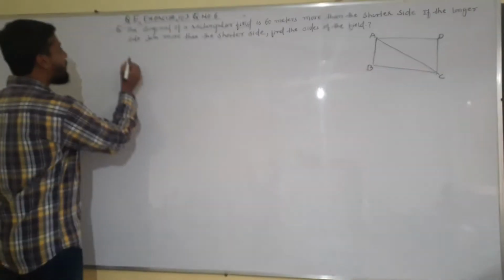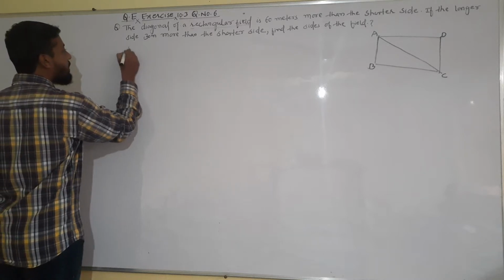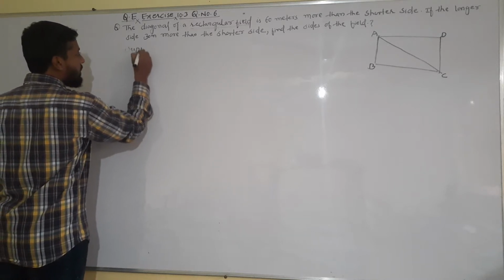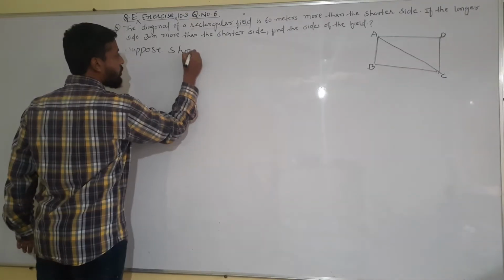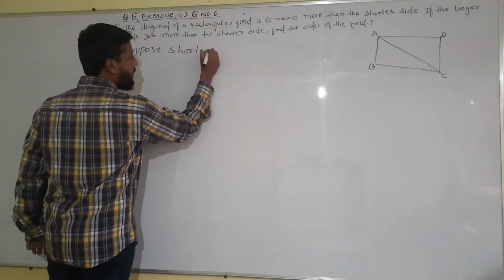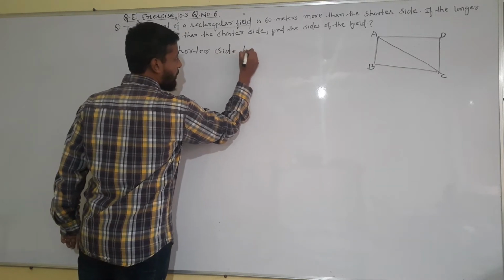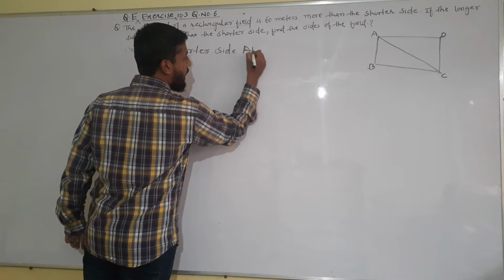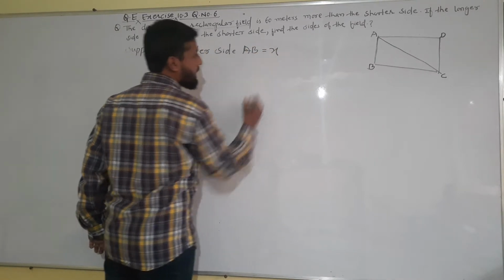So what we will do, we'll take shorter side as x. Suppose shorter side AB is equal to x.